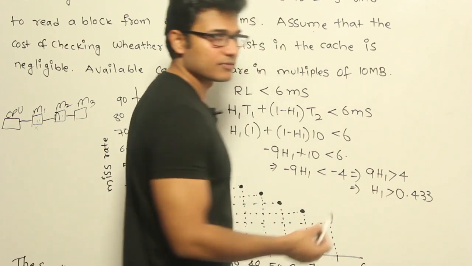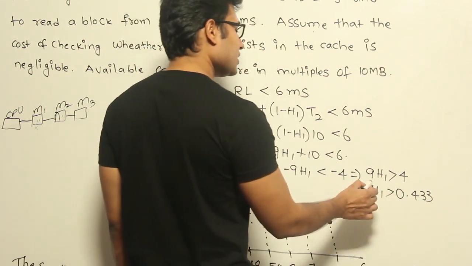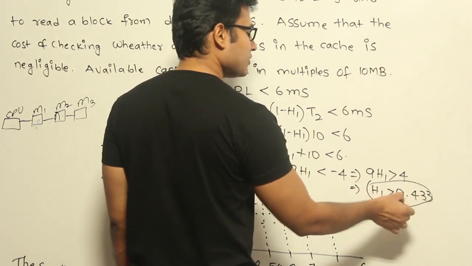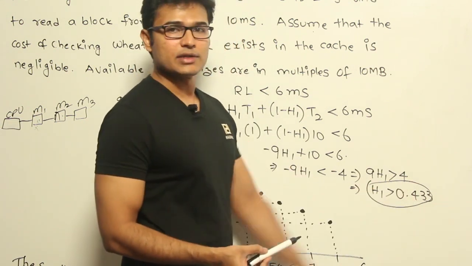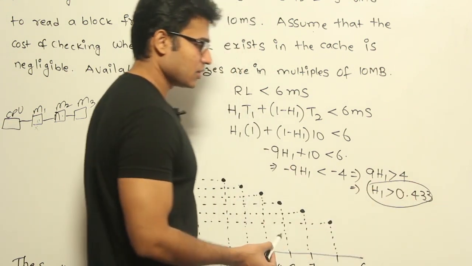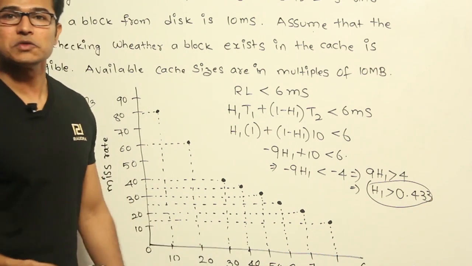0.433, something like this. Okay, so what does it mean? Your hit rate has to be greater than 0.433, something like this. Now if I have to find out the miss rate, it is nothing but 1 minus h1, right?